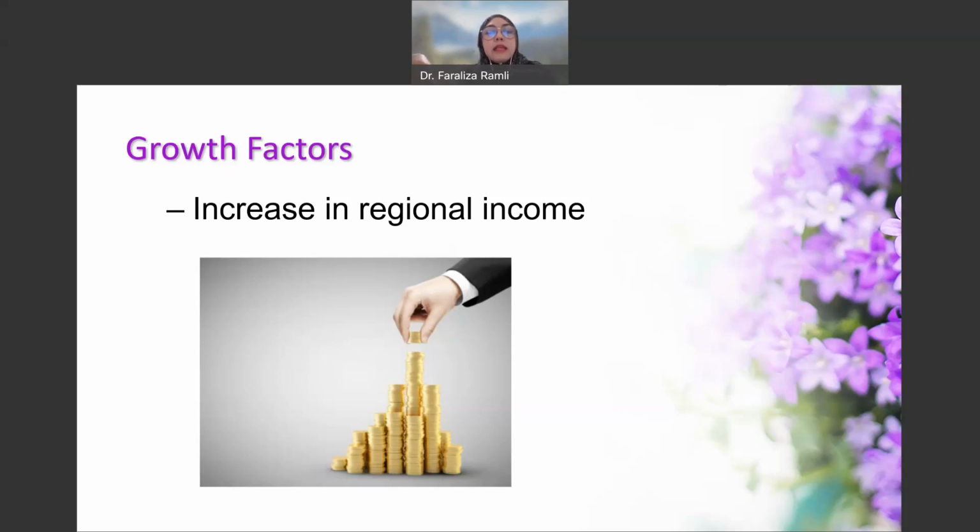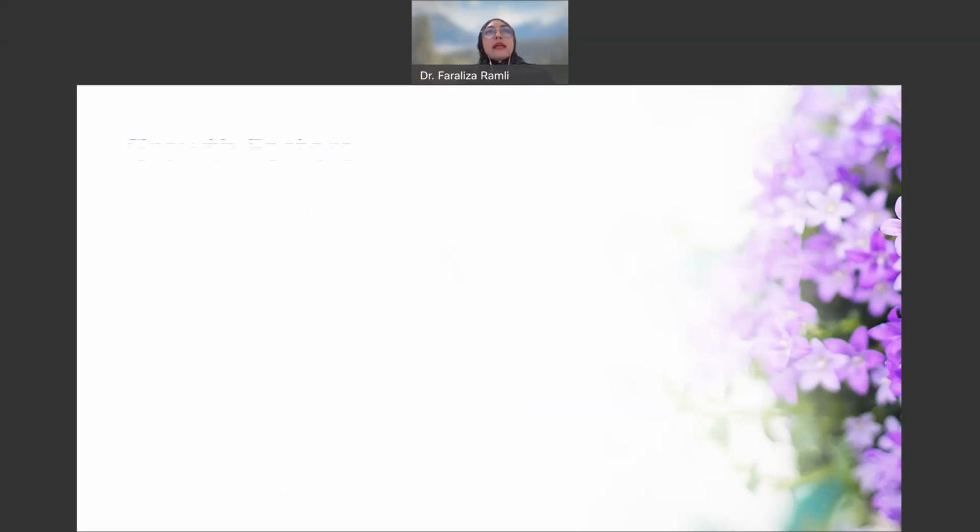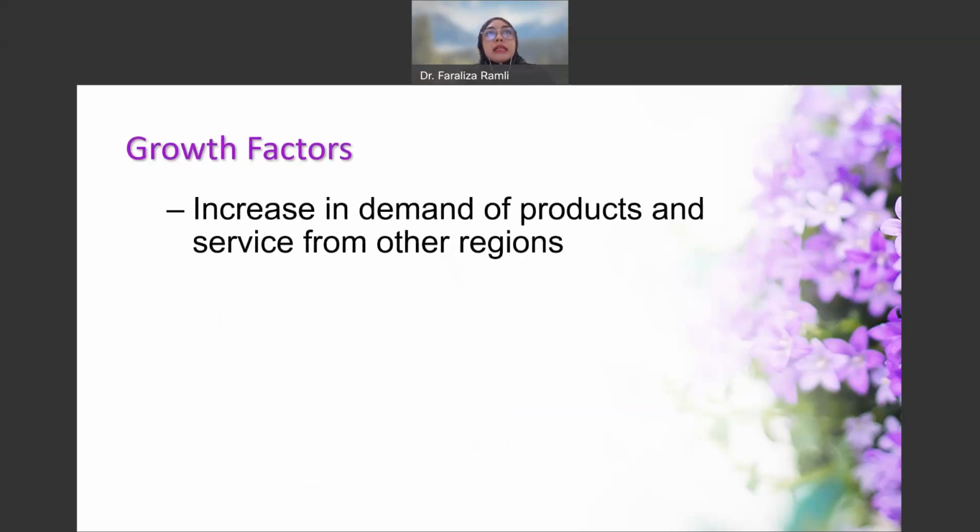This is actually long-run growth, but it is a process to sustain. And then, increase in demand for products and services from other regions.